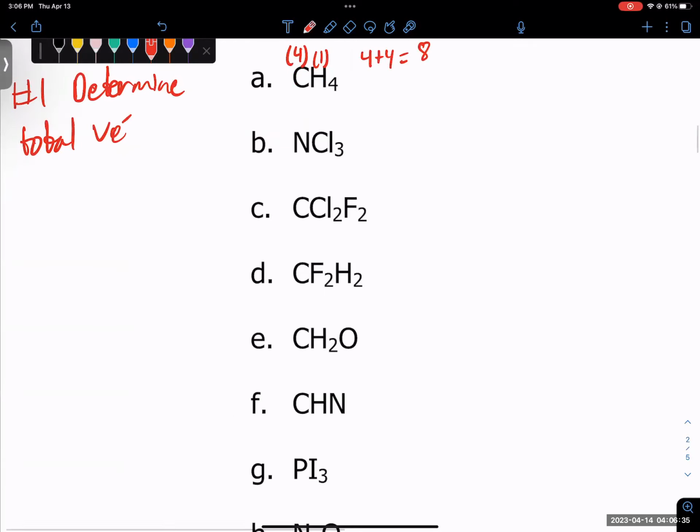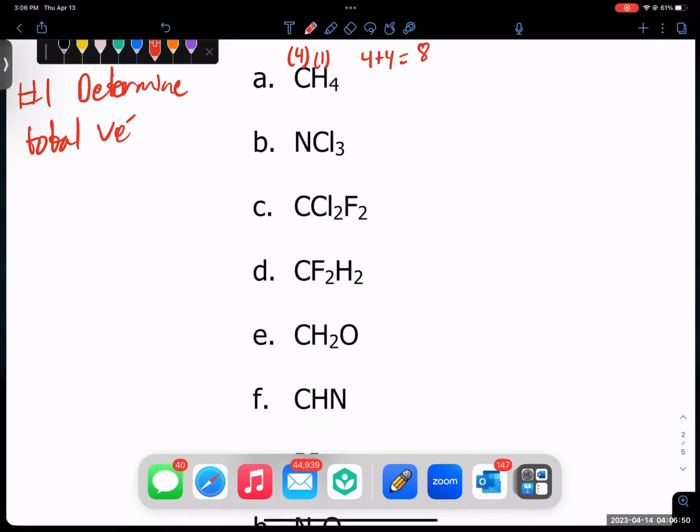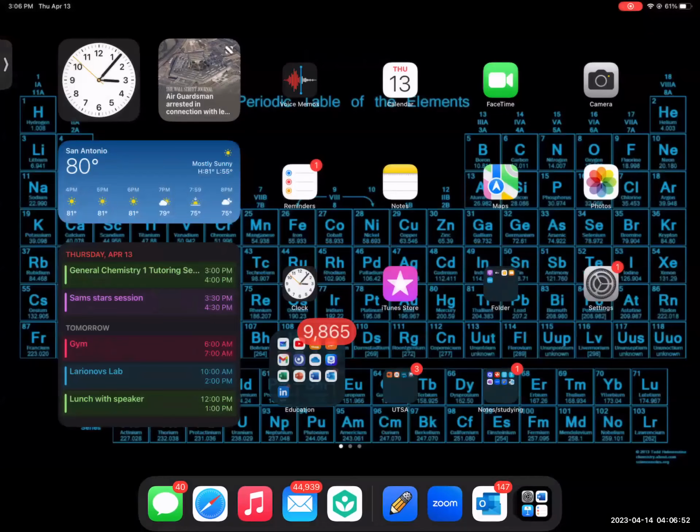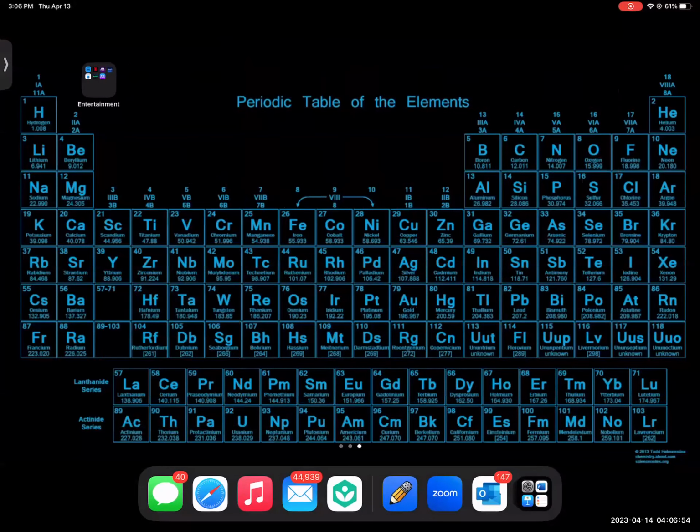All right, and then how many valence electrons does hydrogen have? 1. And there's 4 hydrogens, so 4 plus 4, there's 8 total valence electrons. Before we move on, maybe some people don't know how to determine how many valence electrons there are. How would you determine it, Rich, if you didn't know off the top of your head? If I did not have any prior information, I can use my good old friend, the periodic table. As you can see, carbon is in group 4, meaning that it has 4 valence electrons.